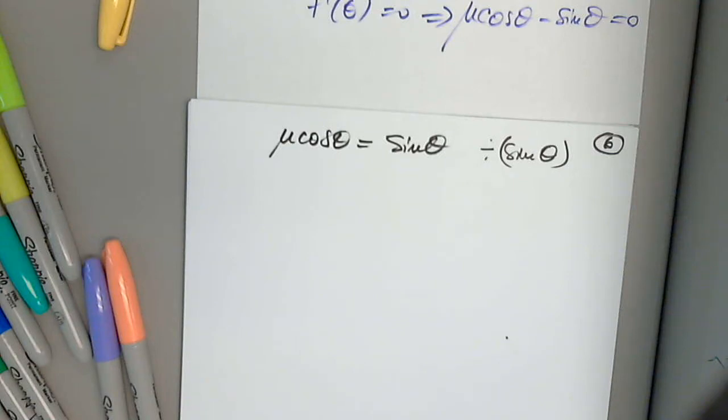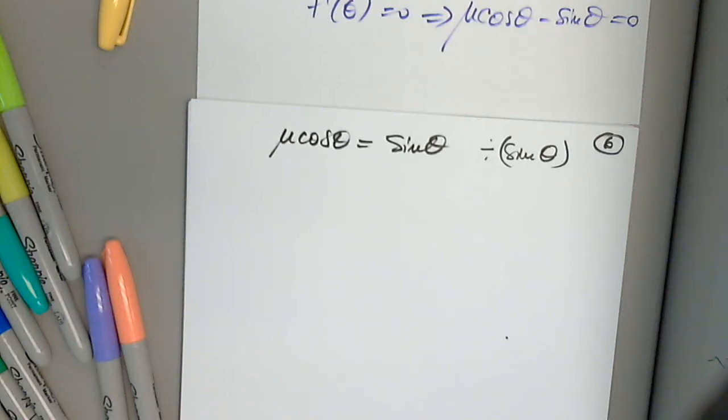For cosine being 0. Now, can I drag a weight on a plane with a rope if it's vertical? No. So it's not going to be 90 degrees.